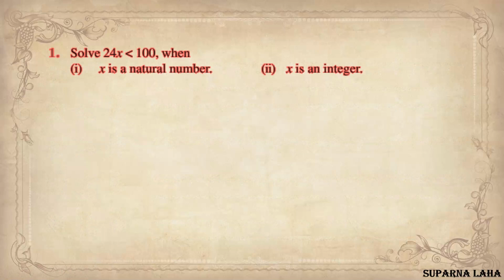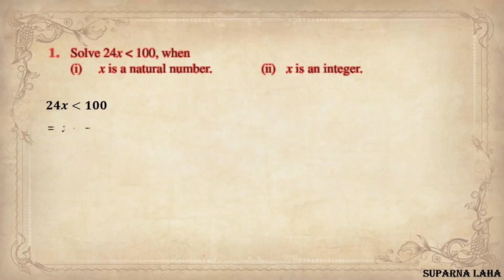So if we consider x is a real number, 24x less than 100 means 24 times x should be less than 100. Whatever the value of x we choose, this 24 times x is always less than 100. So as we simplify equations, here we need to simplify inequalities also, in the same manner.